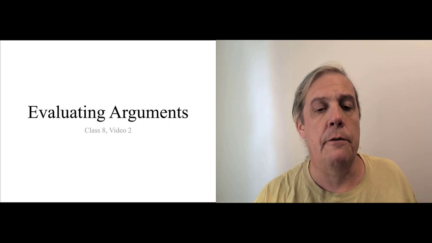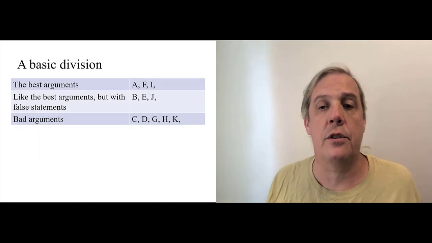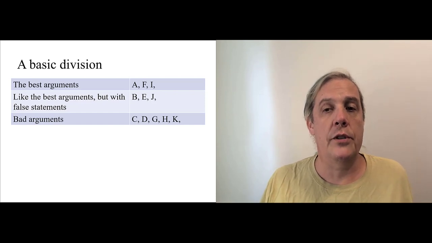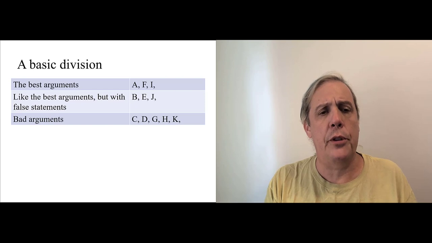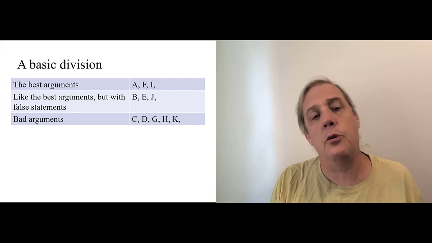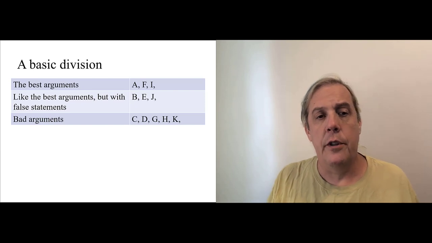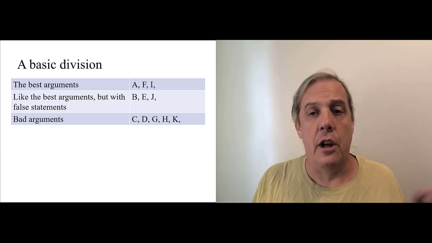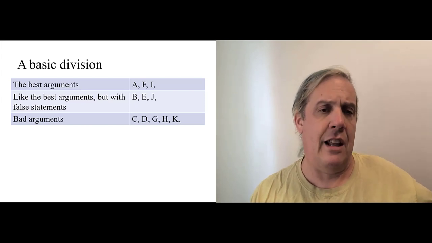So just to review, the easiest way to do the sorting exercise was to actually put the arguments in 3 piles. You could do a 4-pile version. We'll just talk about the 3-pile version. There are the good arguments, and these are the best arguments.